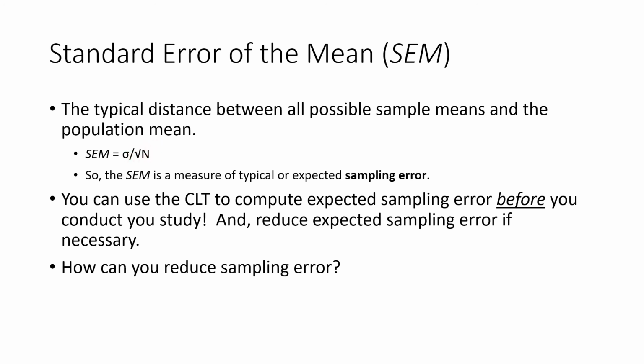And as I said, you can use the central limit theorem to compute the expected amount of sampling error, and you can use that to change your design to improve it. If you decide after doing computations that you want less sampling error, all you would need to do is either increase your sample size or reduce the variability in the dependent variable, perhaps by increasing the precision with which you measure it.